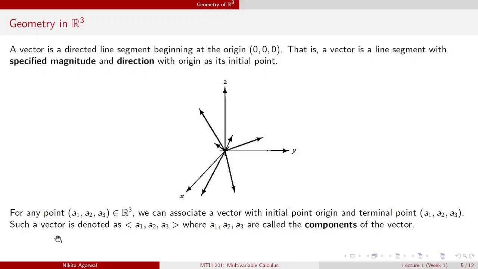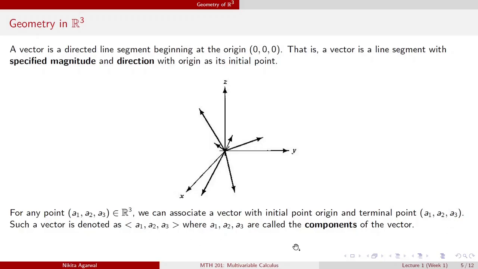Now, such a vector is denoted as a1, a2, a3 in triangular brackets, where a1, a2, a3 are called the components of the vector. So remember, for a point we were using round brackets. For a vector we will use triangular brackets, and for a point these entries were called coordinates.